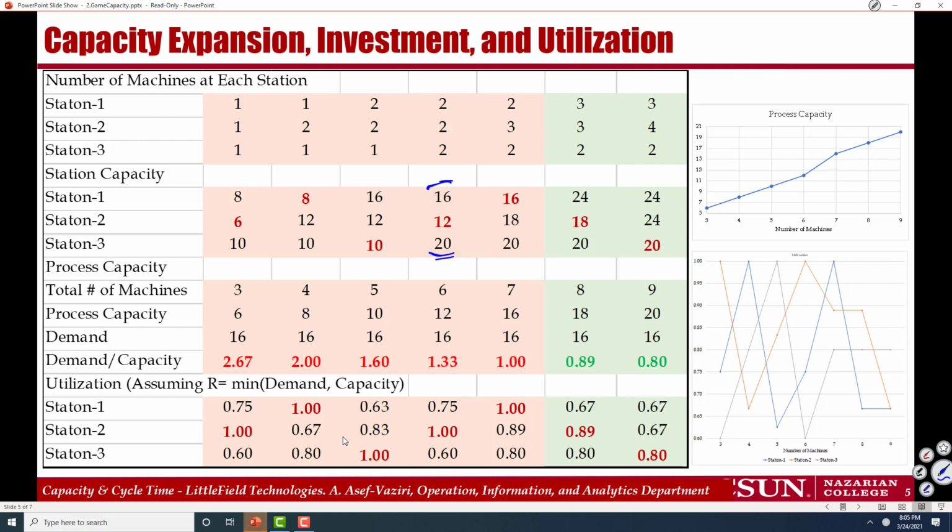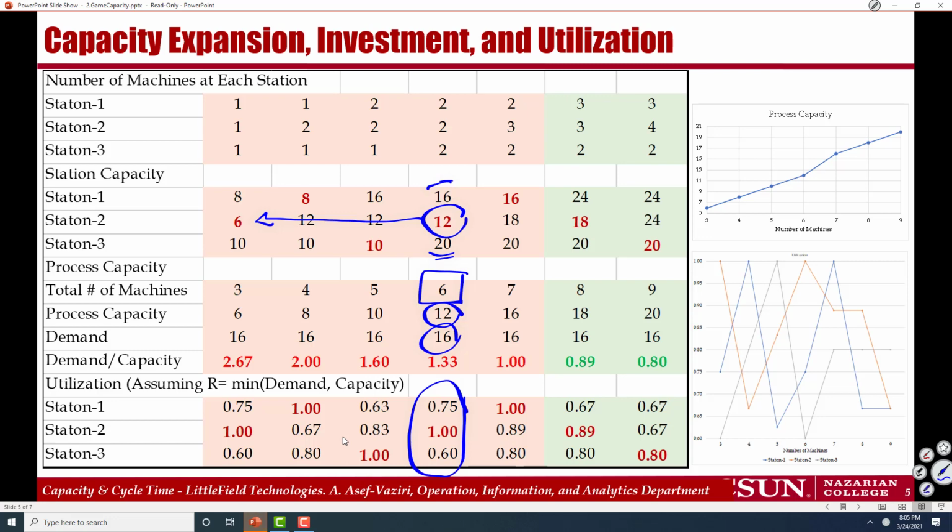Station 1 is 16. Bottleneck shifts back to station 2. We have 6 machines. Capacity at this point is 12. Demand is still higher, and these are utilization of the stations if we produce at capacity.